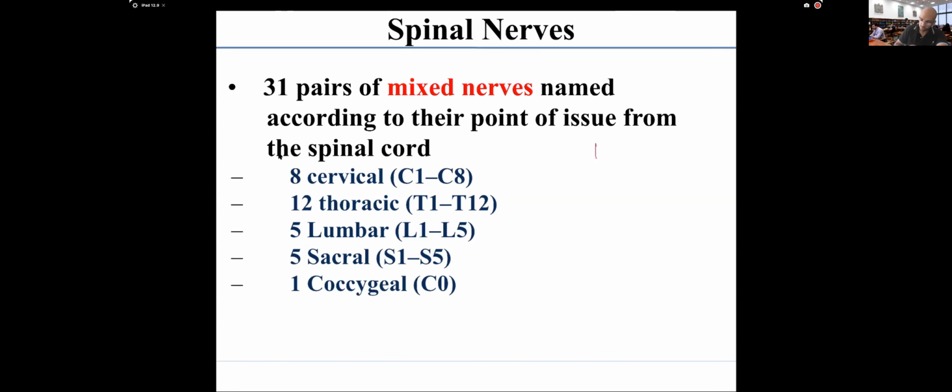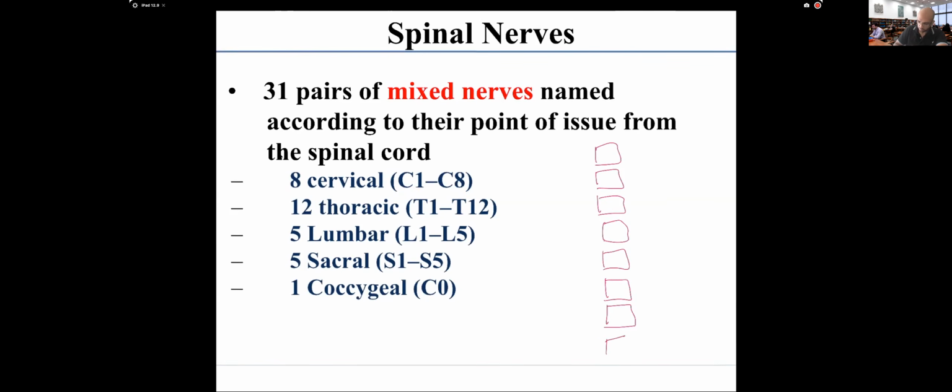So you see on here, I've got one extra nerve because from underneath each of them, you've got one.